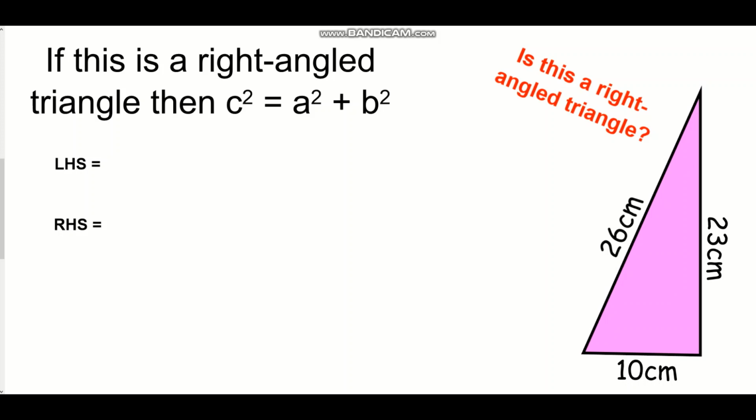So our left-hand side is c squared on its own. And in this case, it's 26 squared. The right-hand side is a squared plus b squared. That's equal to 23 squared plus 10 squared.